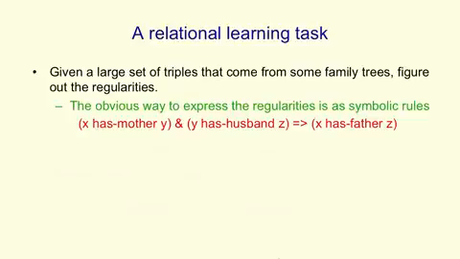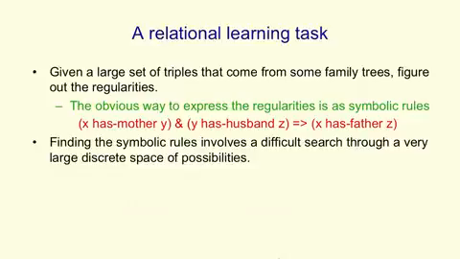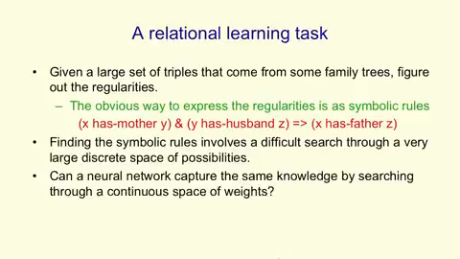For example, X has mother Y and Y has husband Z implies X has father Z. We could search for such rules, but this would involve a search through quite a large, combinatorially large space of discrete possibilities. A very different way to try and capture the same information is to use a neural network that searches through a continuous space of real-valued weights.